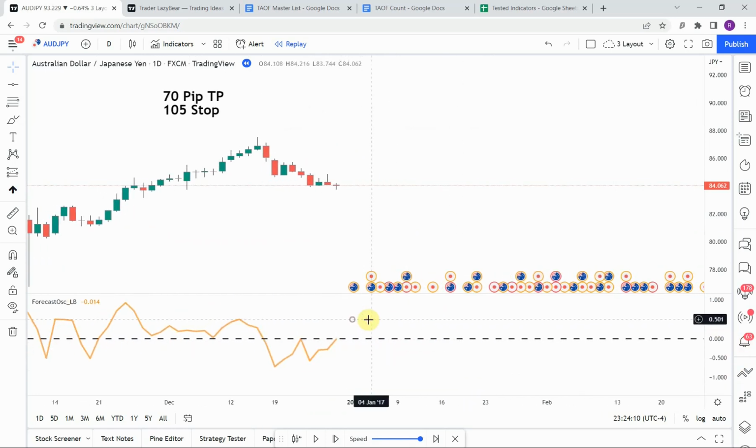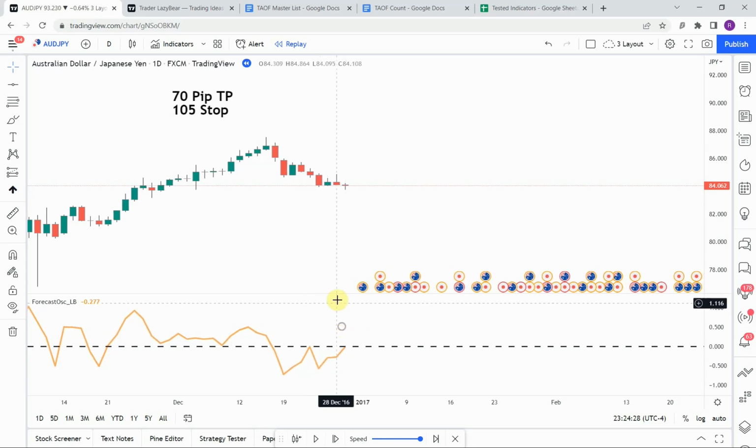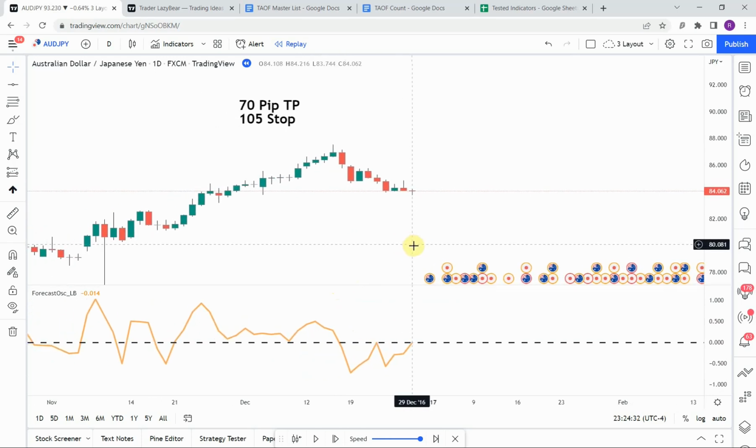And so what we are looking for is simply the zero line cross. When the oscillating line crosses up above the zero line, we are going to go long. When it crosses down below the zero line, we are going to go short. Pretty simple, not much to it, like many other indicators. Let's go ahead and get on with the testing and see what we can get out of them.